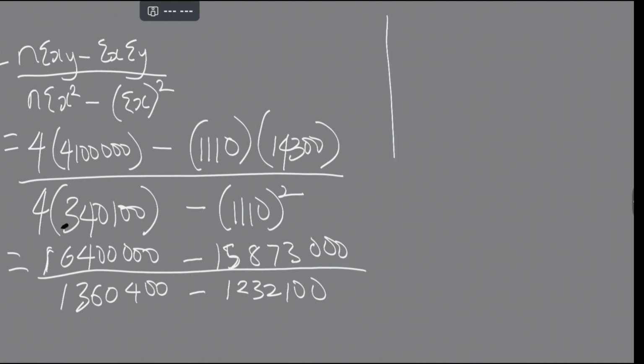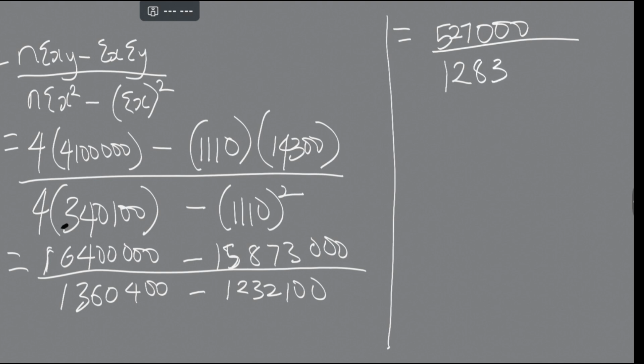Then we have to do our subtraction, so we have 527,000 divided by 128,300, which will give us 4.1076, right? So our variable cost, which is b, is going to be 4.1076.